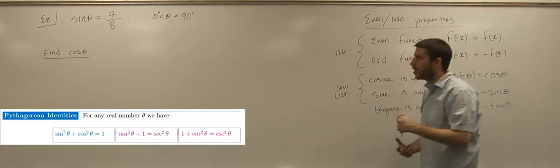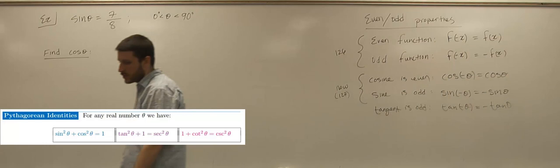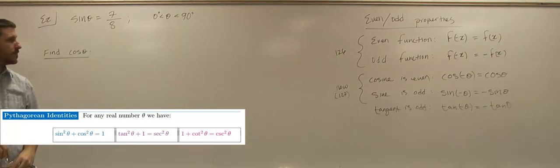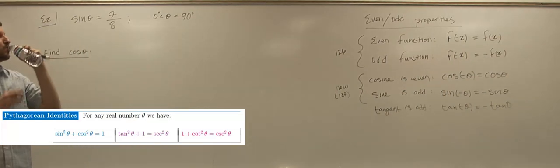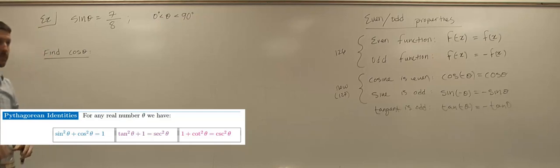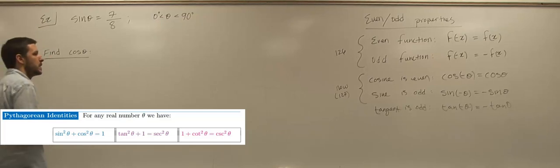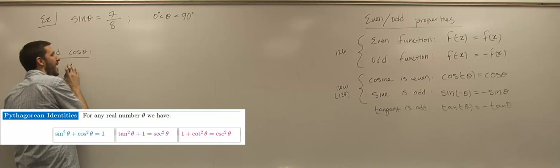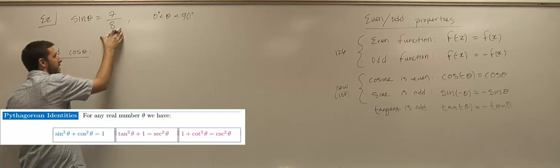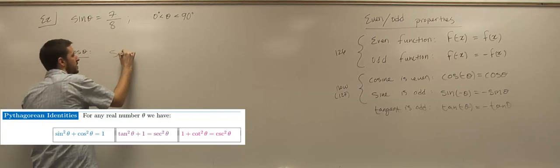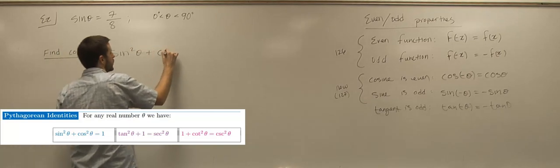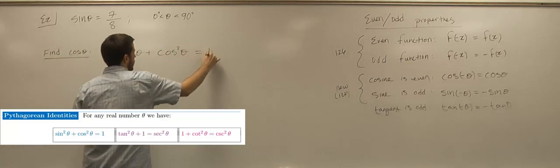The Pythagorean identity allows you to go from sine to cosine. So I have sine, and I know sine squared theta plus cos squared theta equals 1.